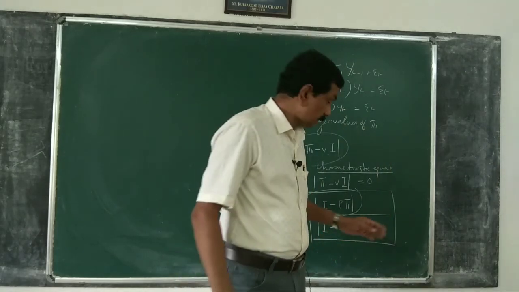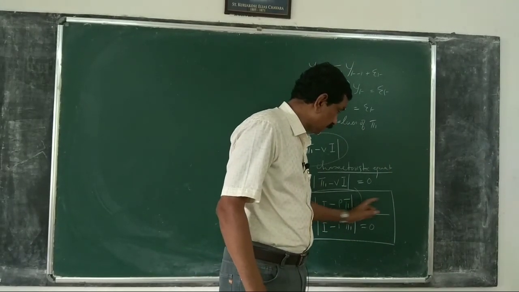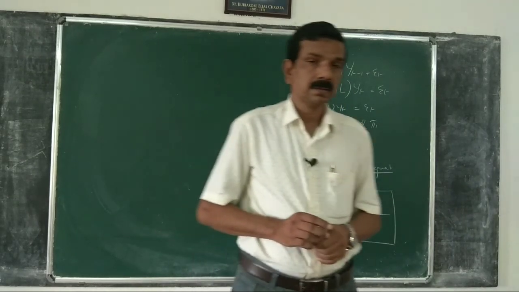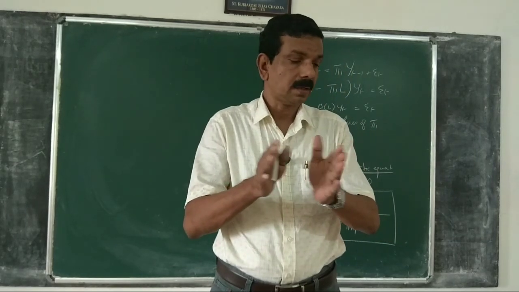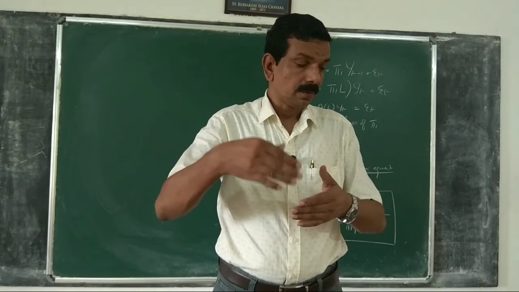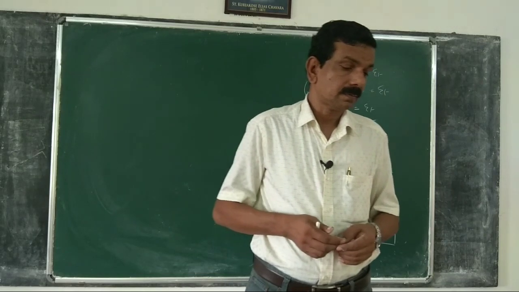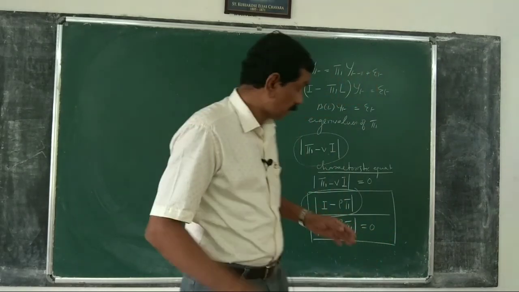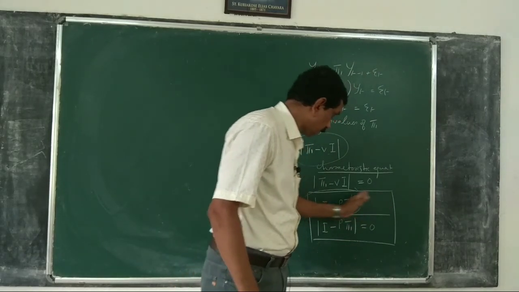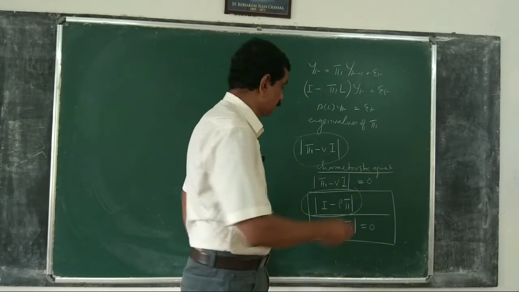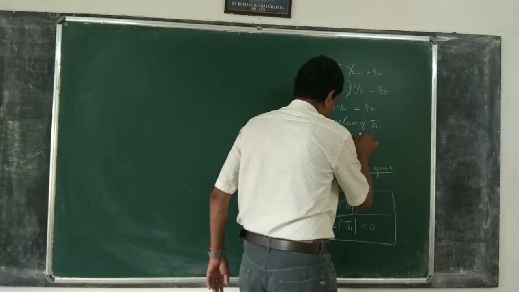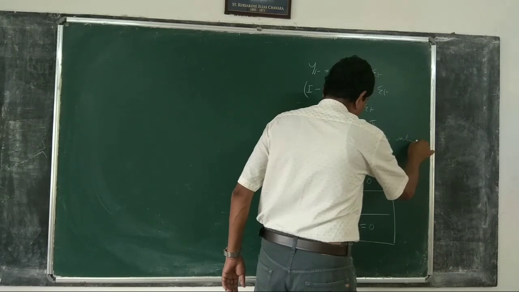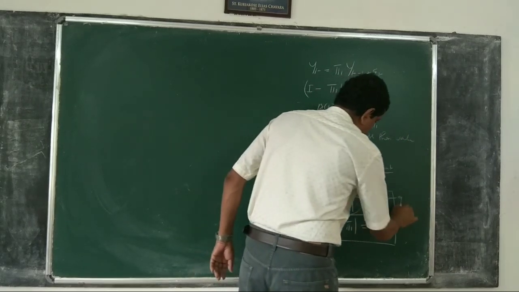If we define it in terms of the reverse characteristic polynomial, the condition for stability is that all the eigenvalues must have modulus greater than 1. Here the values of v are less than 1 in absolute value. Here rho is greater than 1.